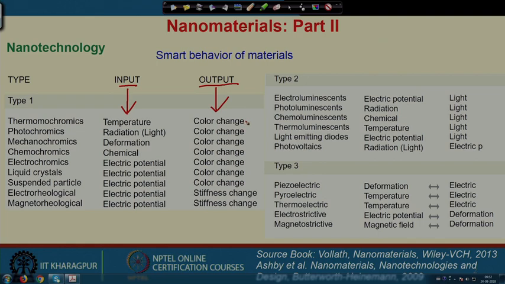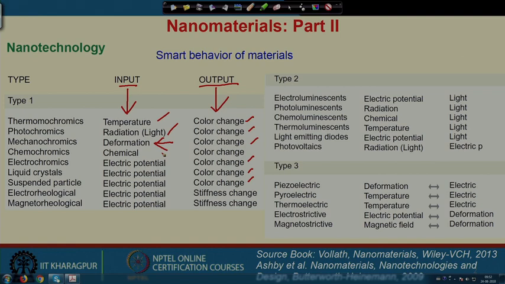We can achieve color change in several classes of materials by application of temperature, which we call thermochromics, then radiation, photochromics, and mechanochromics, like deformation: I deform a material and then the color changes. Or a chemical reaction goes on and it changes the color.